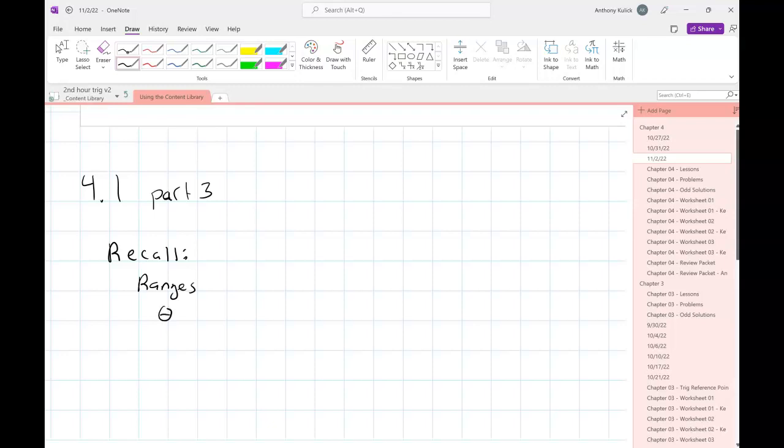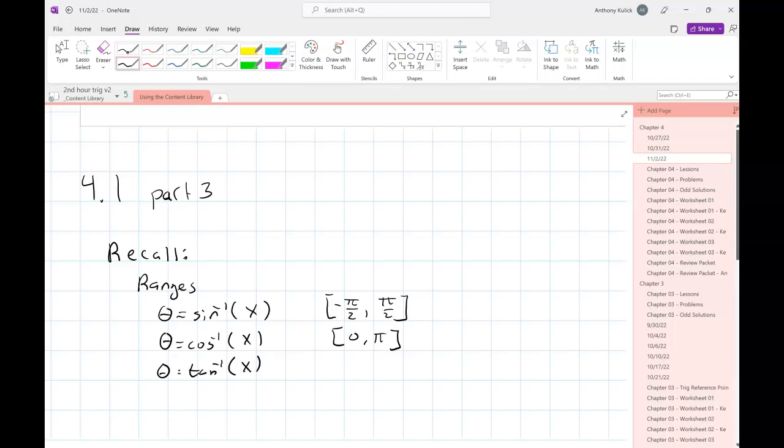For sine inverse, the range was negative pi over 2 to positive pi over 2. For cosine inverse, the range is 0 to pi. And for tangent inverse, the range is negative pi over 2 to positive pi over 2.